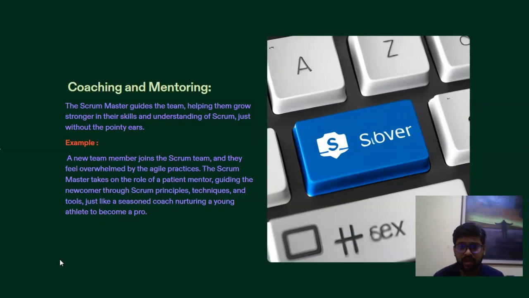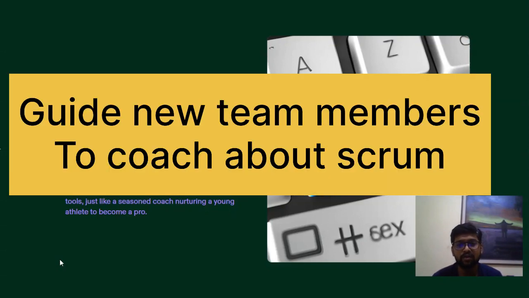Okay. As an example, a new team member joins the Scrum team. They feel overwhelmed with agile practices. That means they don't know about agile practices properly. So the Scrum Master takes the role of a patient mentor, guiding a newcomer through Scrum principles, techniques, and tools, just like a seasoned coach nurturing a young athlete to become a pro.